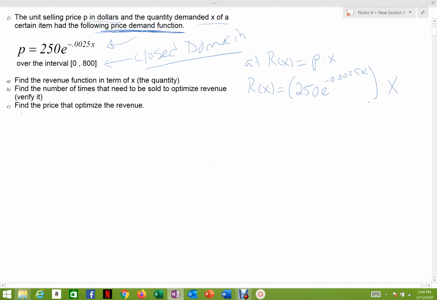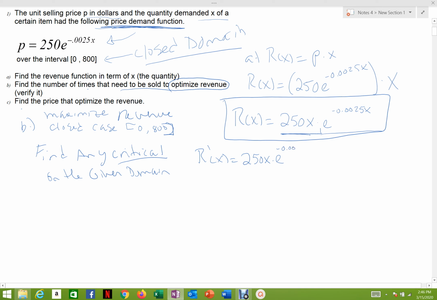First thing, write down the first function, 250x, times the derivative of the second. This is where I take my chain rule on my e. First thing you do, remember, is write down the e function exactly as is. But then I'm not done yet. I now need to multiply by the derivative of the inside part. The derivative of the inside is going to give me the 0.025, just that constant in front of the x.